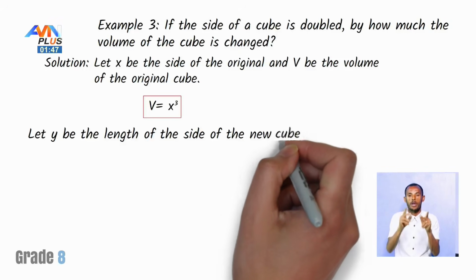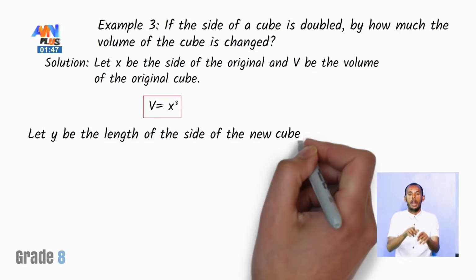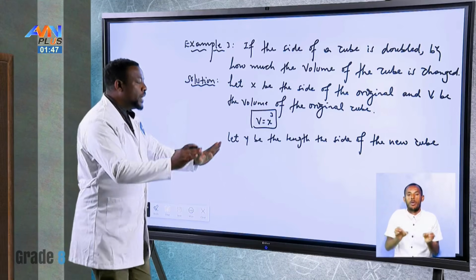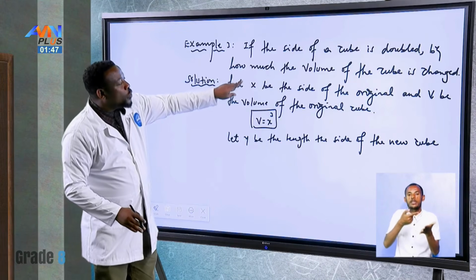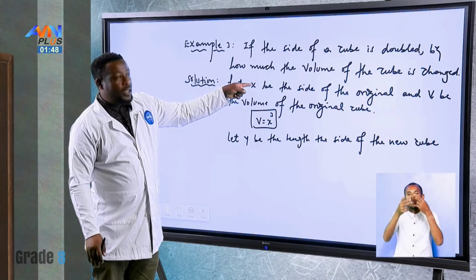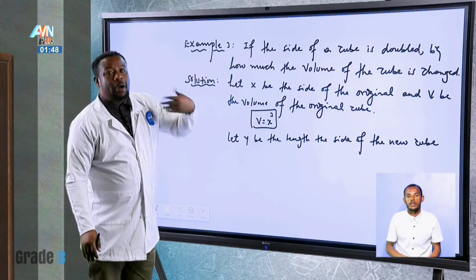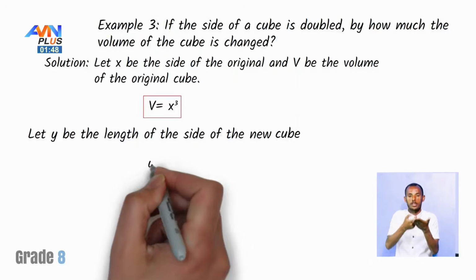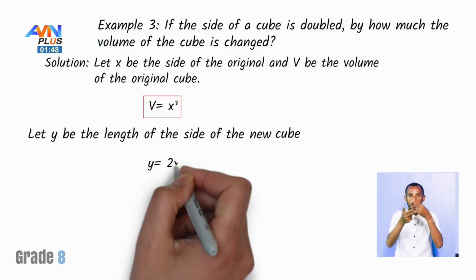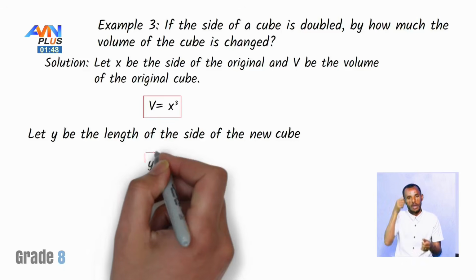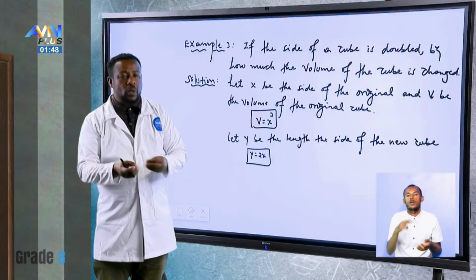If y is the length of the side of the new cube, this y should be twice x, because x is doubled. So y should be 2 times x, okay? Keep this as another important equation.